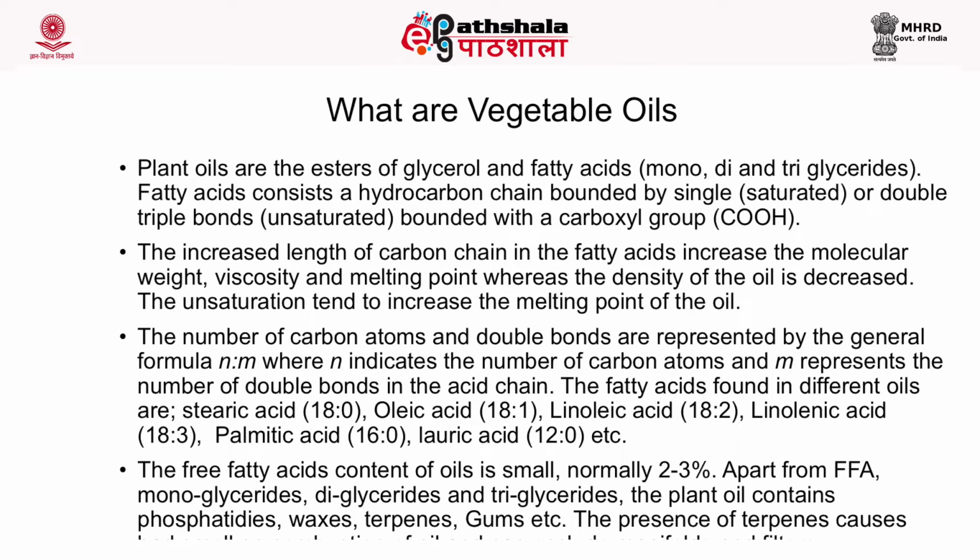Apart from free fatty acids, monoglycerides, diglycerides, and triglycerides, the plant oil contains phosphatides, waxes, terpenes, gums, etc. The presence of terpene causes bad smell on combustion of the oil and can occlude manifolds and filters of the engine.